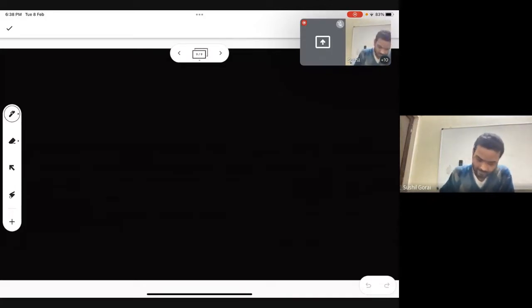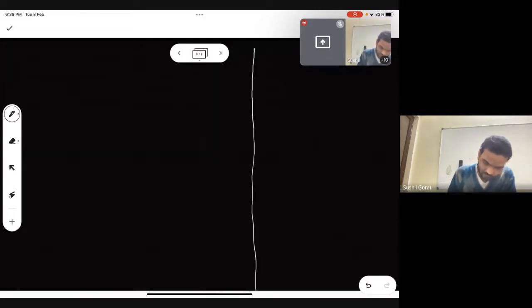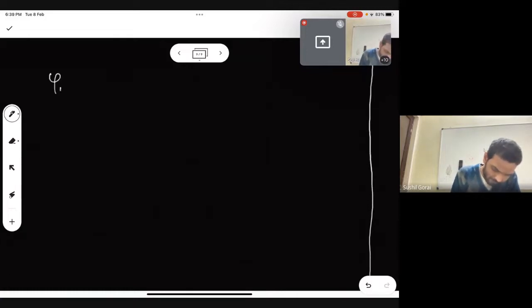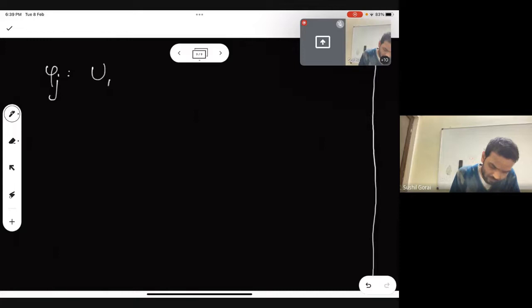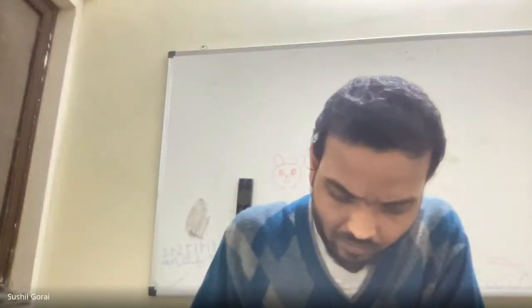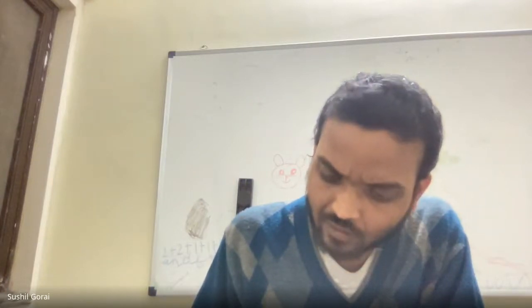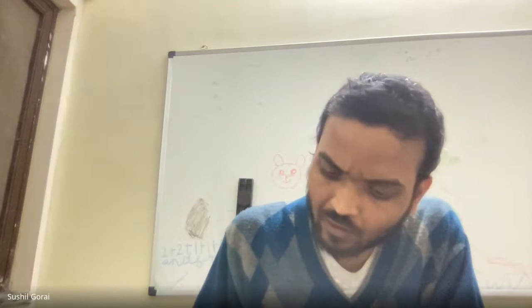Okay, so let's look at the map. Let us look at the map phi j again, which is U_j to R^n defined by (x0, x1, ..., xn) to (x0/xj, x1/xj, ..., xn/xj).